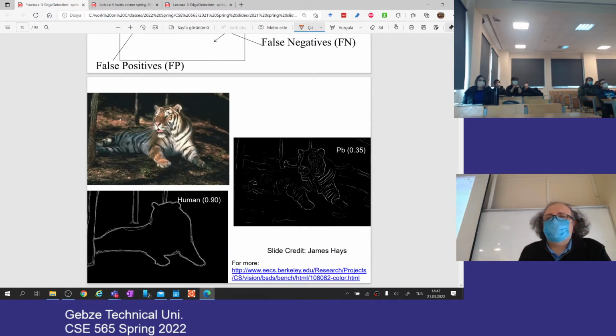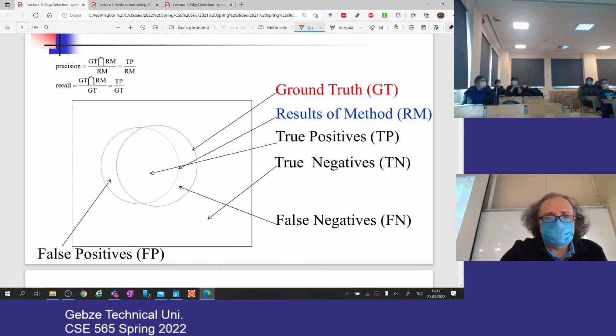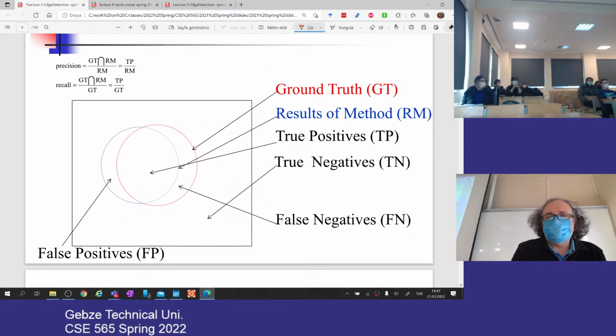So what are we going to do? We are going to do this. What is the difference between the edges that we think are correct and the edges that we recover from our algorithms? And this is the classification chart of that one.